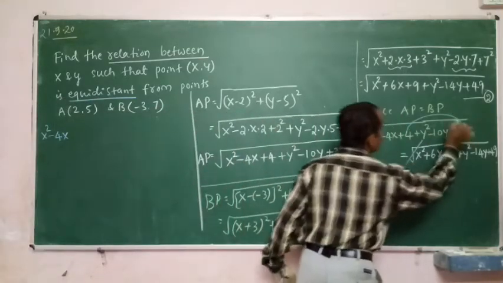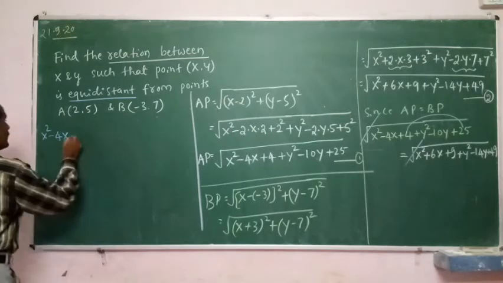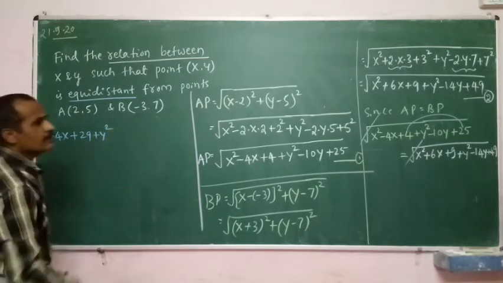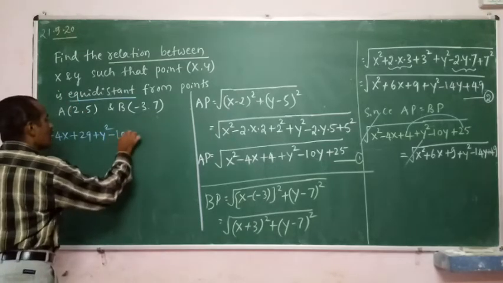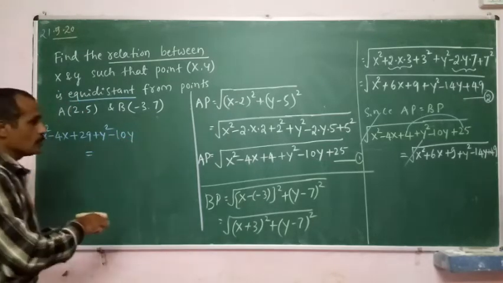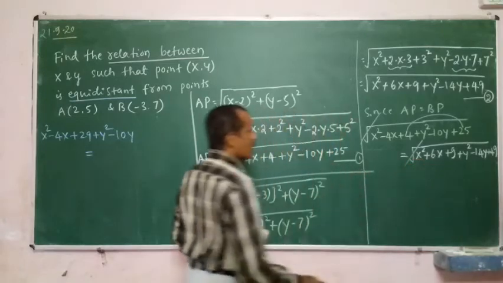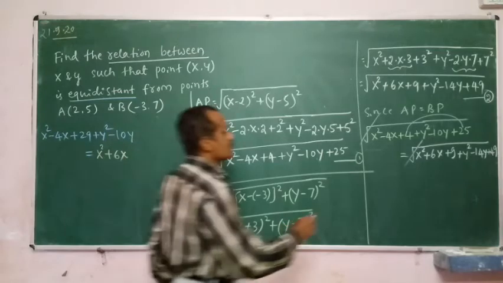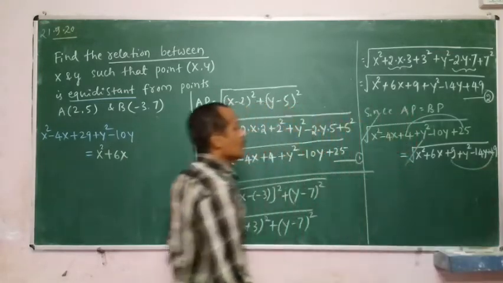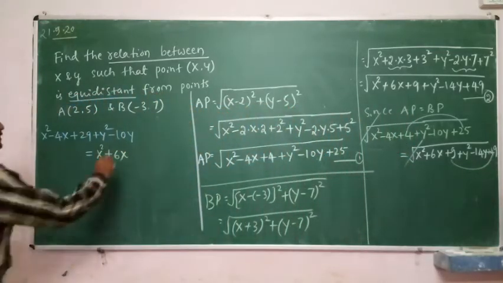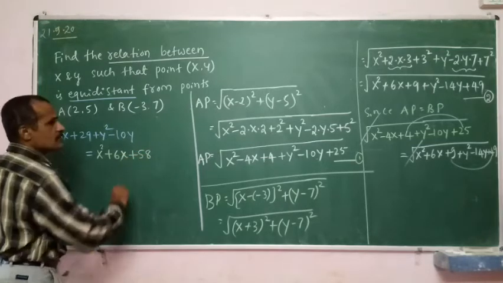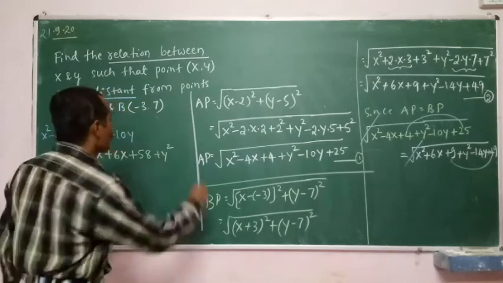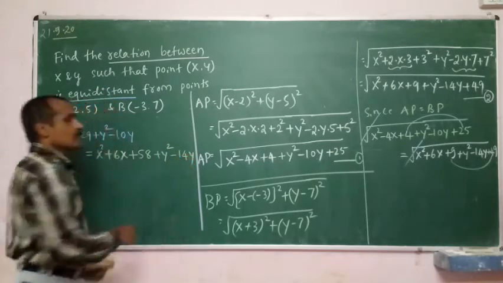I will add these two, that becomes 29 plus 29 plus y square minus 10y is equal to x square plus 6x, add these two, that gives you 58, plus 58 plus y square minus 14y minus 14.